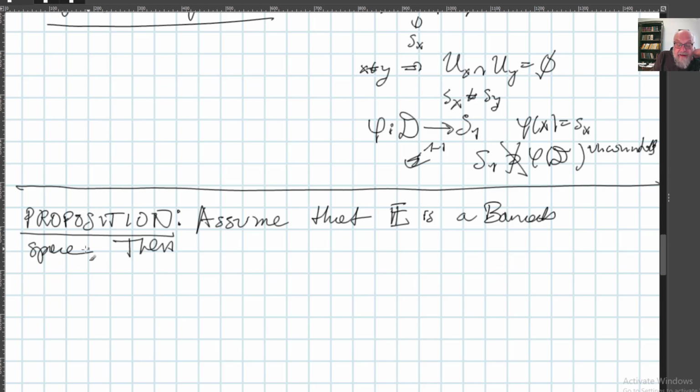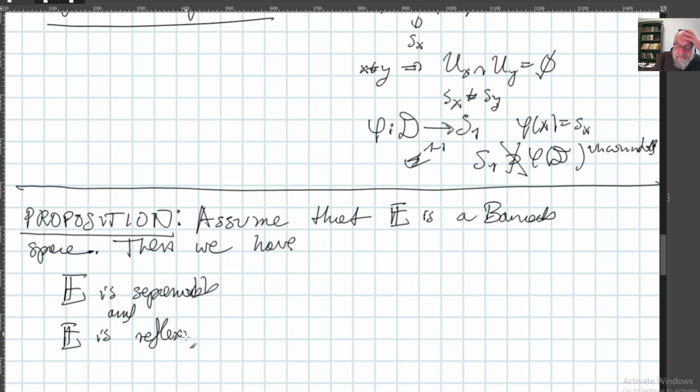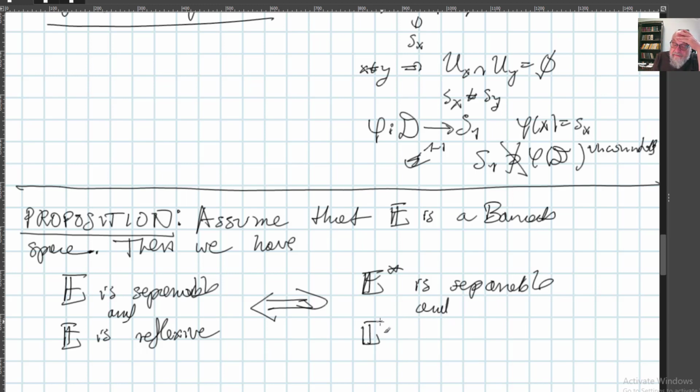Then we have that E is separable and E is reflexive if and only if E star is separable and E star is also reflexive.